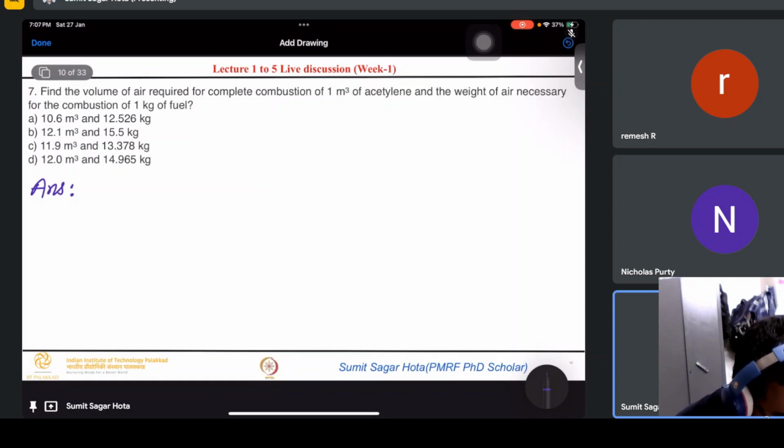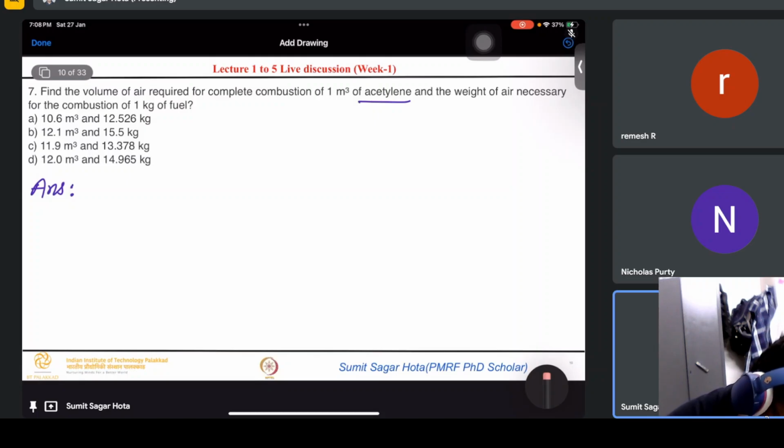First of all, what is the fuel? In any kind of combustion question, the first job is to write down the reaction. So first I have to identify the fuel. Acetylene is the fuel. Then it is reacting with air.